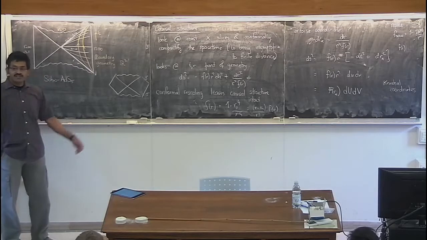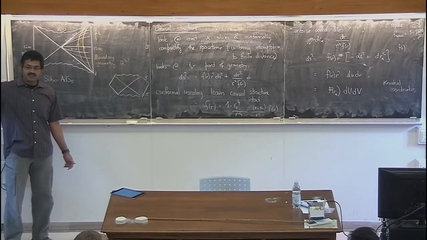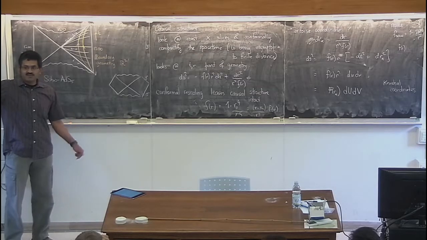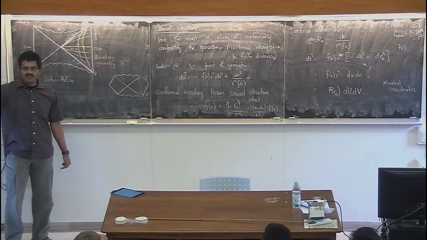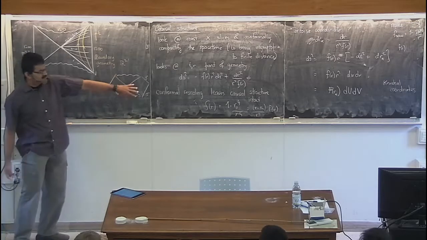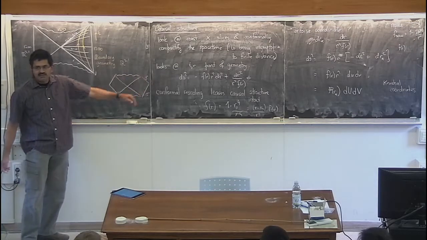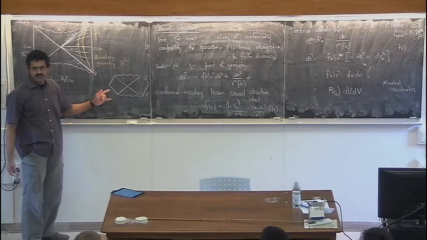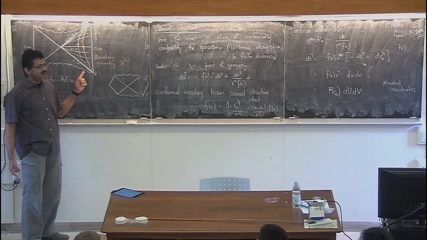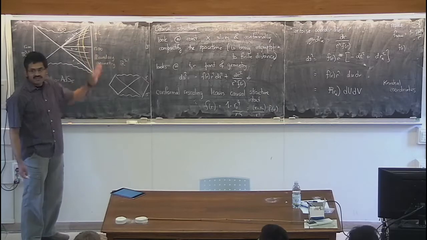All the null geodesics in AdS start there, and they go back there. I told you that one of your exercises was to work out null geodesics in AdS, and see that they start at the boundary and go back to the boundary in finite coordinate time. So AdS doesn't have these null infinities of Minkowski space. It has timelike null infinity. So that's why I've drawn it as a vertical straight line.